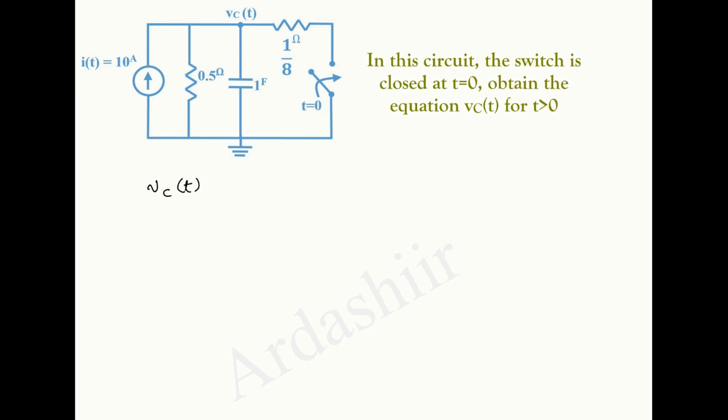Vc of t equals Vc of infinity plus Vc of 0 plus minus Vc at infinity times e to the minus t over tau for t greater than or equal to 0. And t is related to the operation of switching.